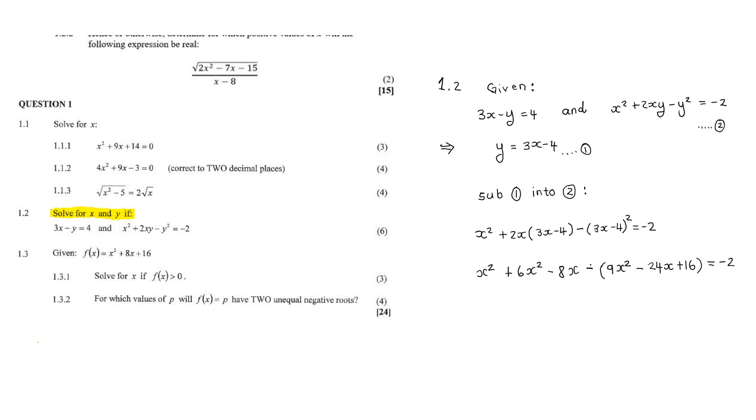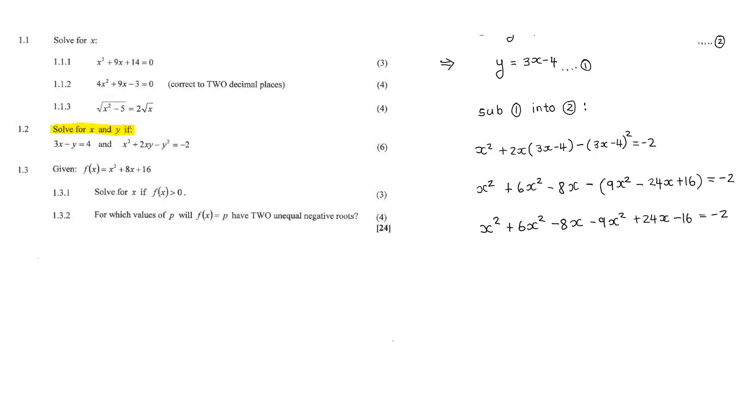Right, so now we have to deal with this negative, and we need to distribute it to all of these terms over here. So we're going to have x squared plus 6x squared minus 8x minus 9x squared plus 24x minus 16 is equal to minus 2.